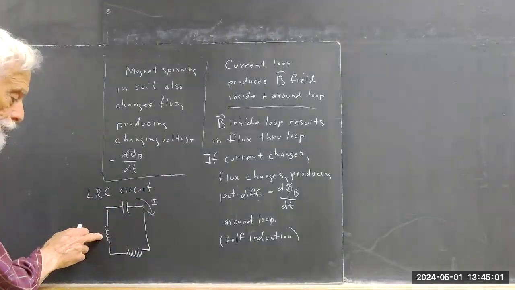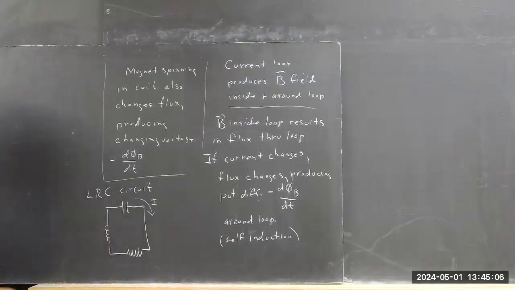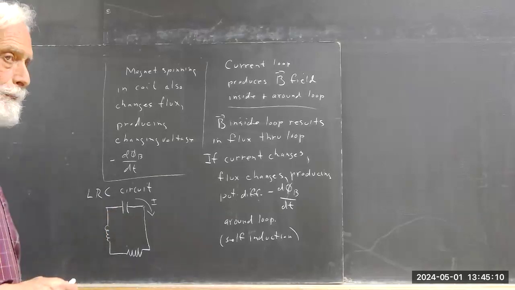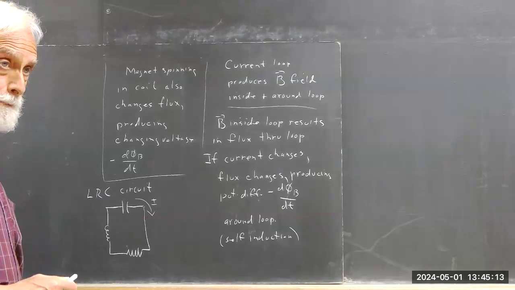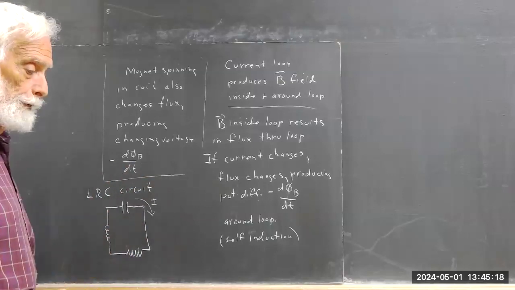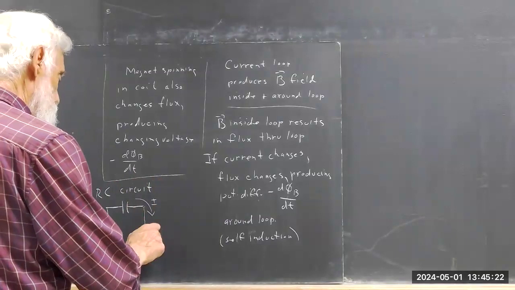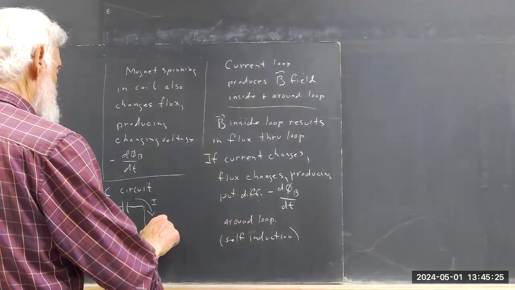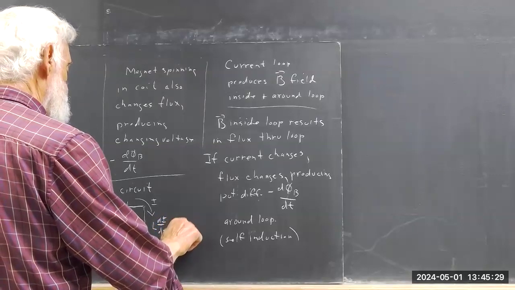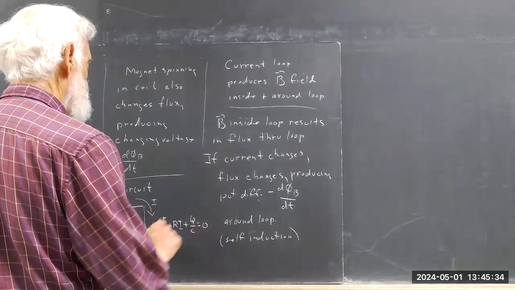The voltage change across your inductor is L dI/dt. The change across the capacitor is Q over C. The change across the resistor is I times R. From that, conservation of energy tells us that L dI/dt plus IR plus Q over C, in this case, equals 0.